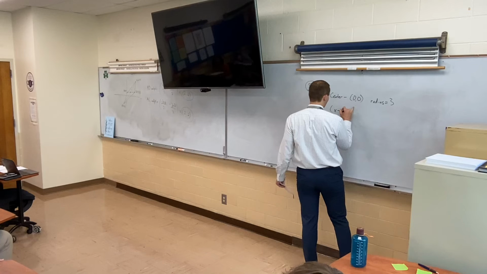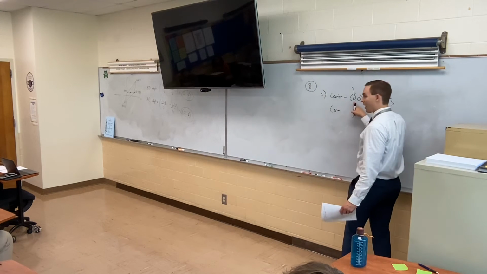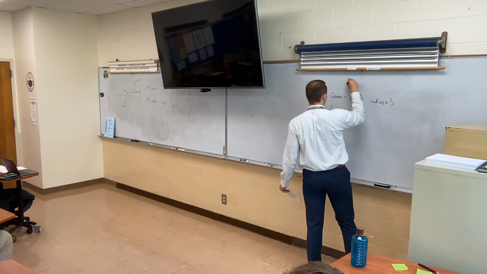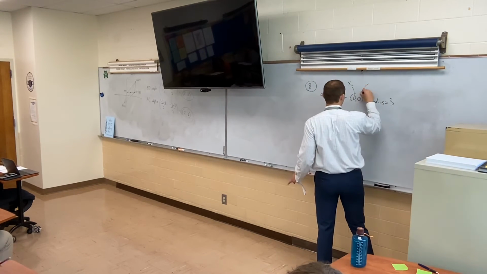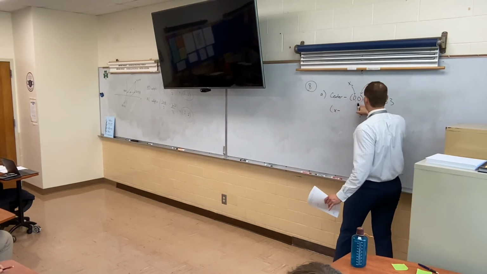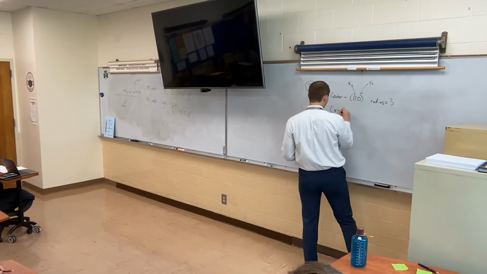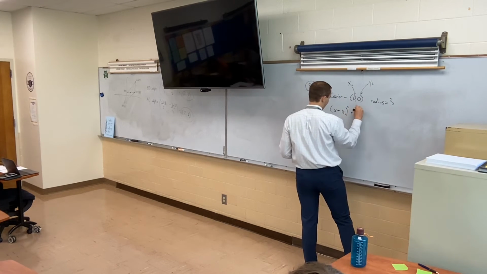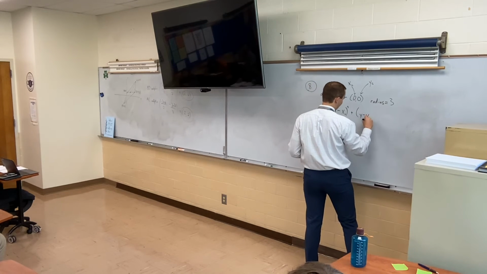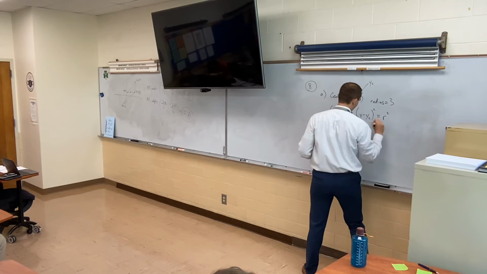Let's call this x coordinate of the center x sub c. Are people okay with that? It's a good name. And then the y coordinate of the center I'm going to call y sub c. Okay. I'm going to do x minus x sub c squared plus y minus y sub c squared equals the radius squared.